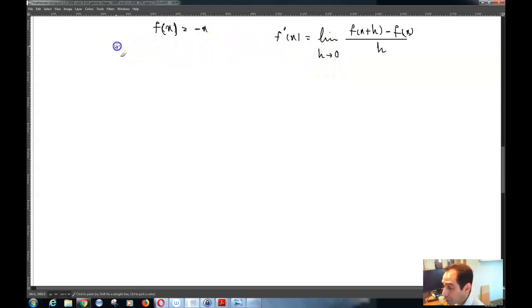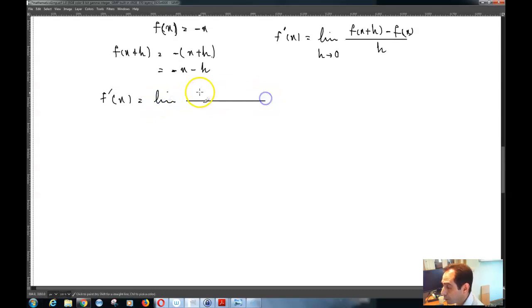So then you have f of x plus h here is equal to negative x plus h, which is equal to negative x minus h. So your f prime of x is equal to the limit of negative x minus h minus x over h as h tends to 0.